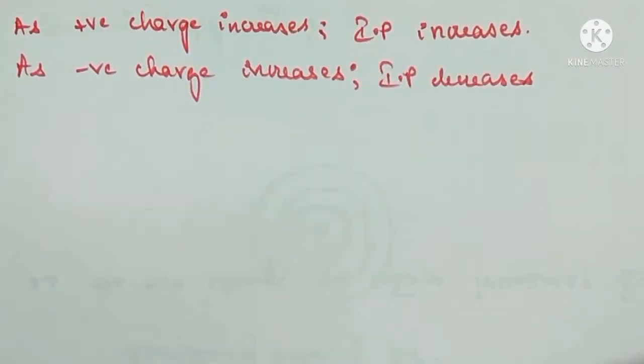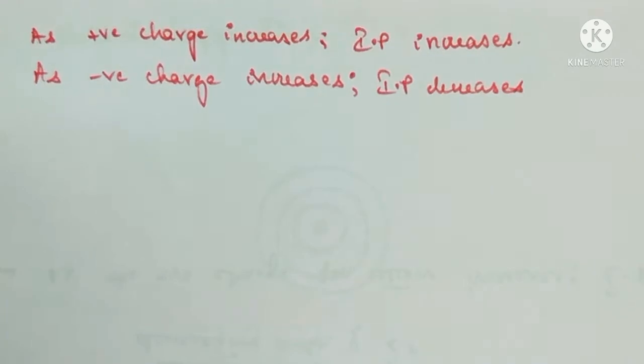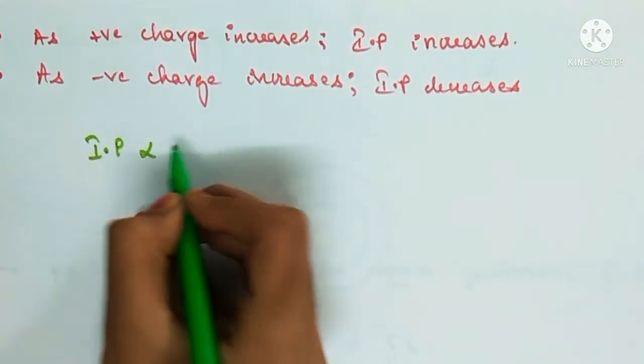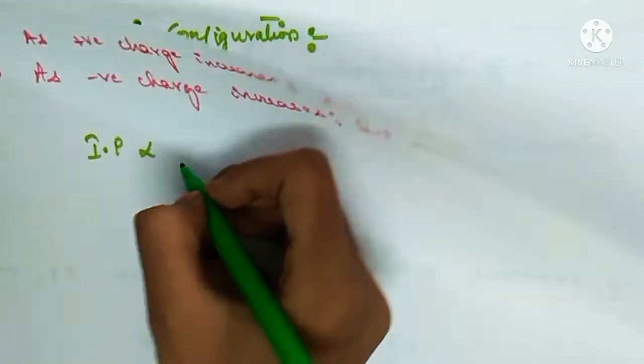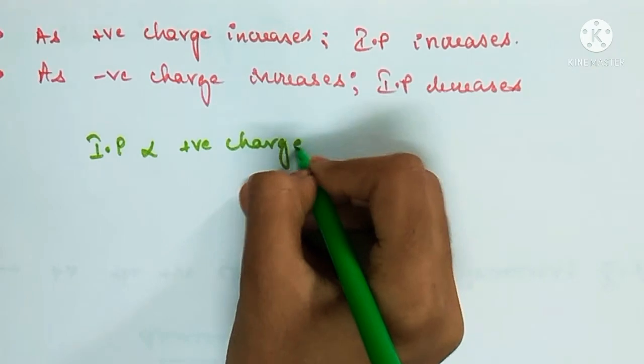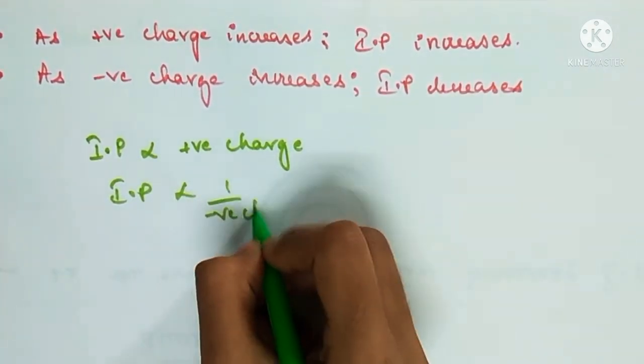Because it is very difficult to remove the electron from the cation, but whereas it is very easy to remove the electron from the anion, because already the electron is added, and it is very easy to remove the electron again. And hence we can say that IP is directly proportional to positive charge, and IP is inversely proportional to negative charge.